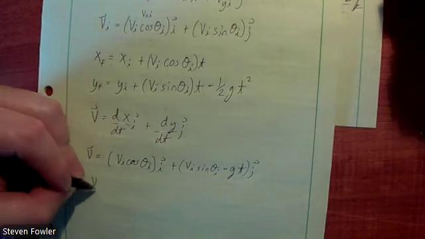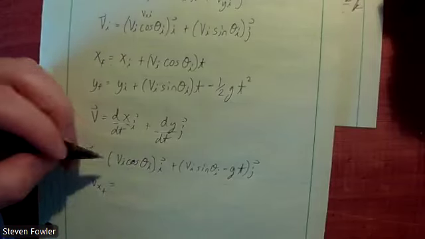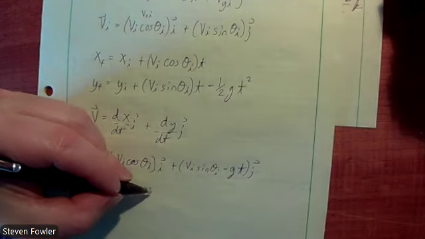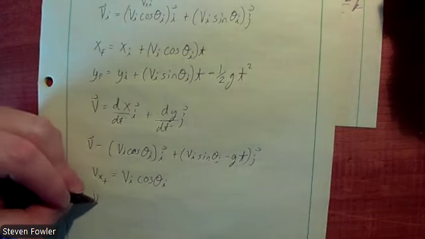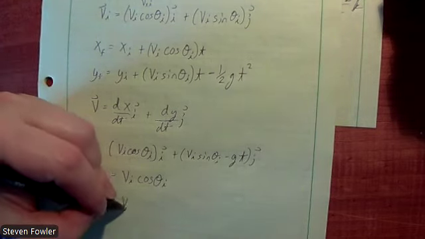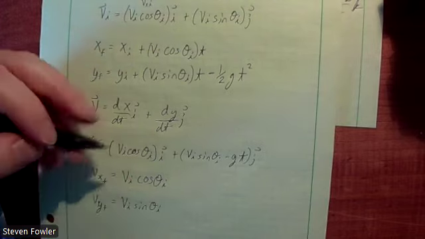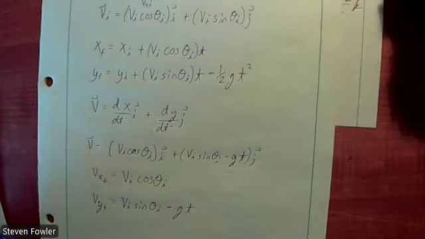What that means then is that your final velocity in the x direction, if you will, is equal to this initial velocity times the cosine theta I, which is just the x direction initial velocity. And then your final y direction velocity is going to equal this initial velocity times the sine theta I. This is the initial y direction velocity, minus, you have to subtract the change that gravity, the acceleration, is causing.